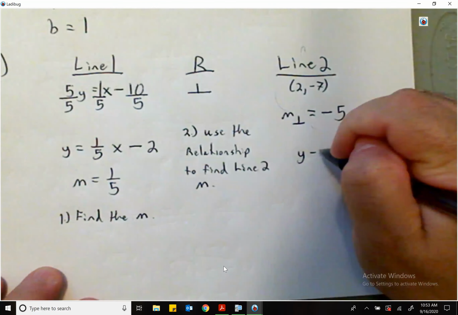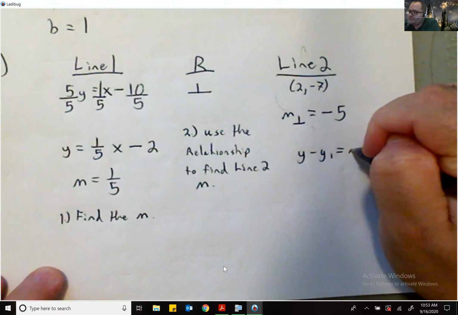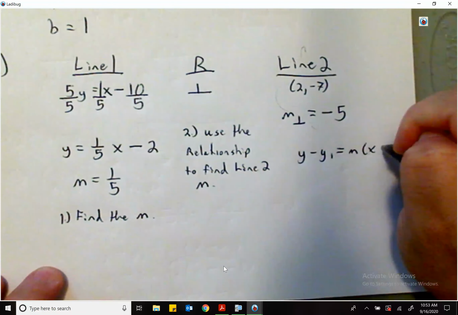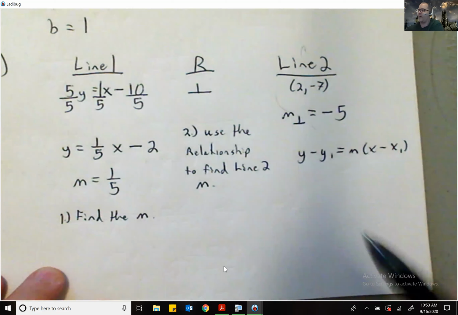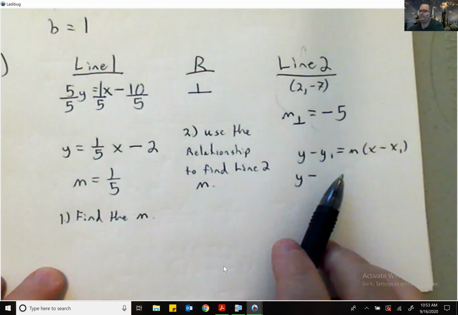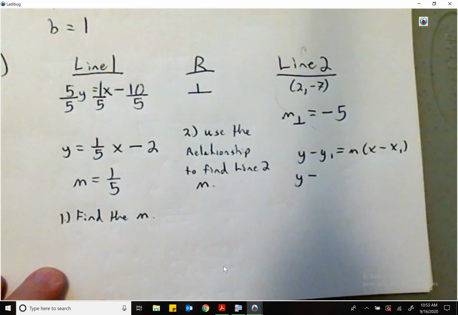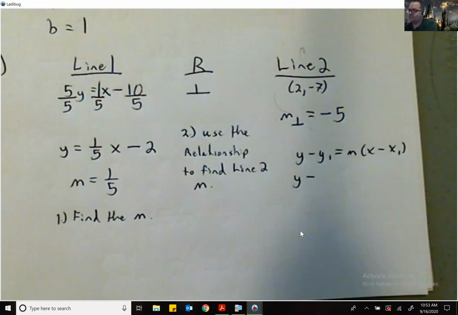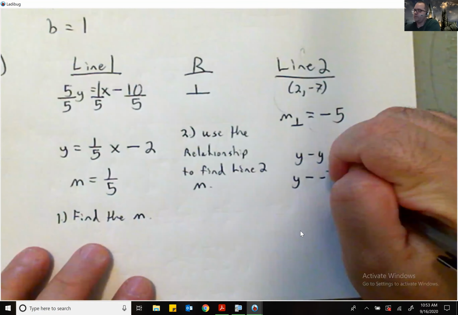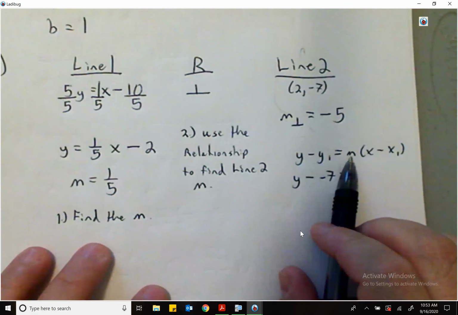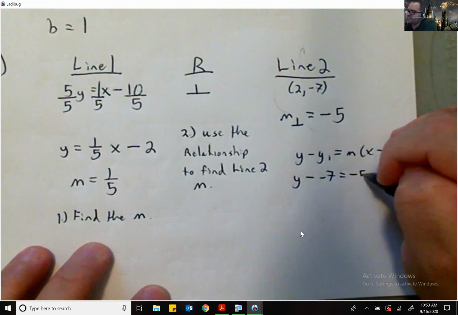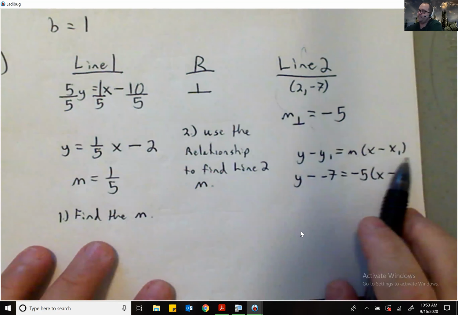So let's plug into point slope. All right, so y minus, what's y1? -7. What's m? -5. x minus what's x1? 2.